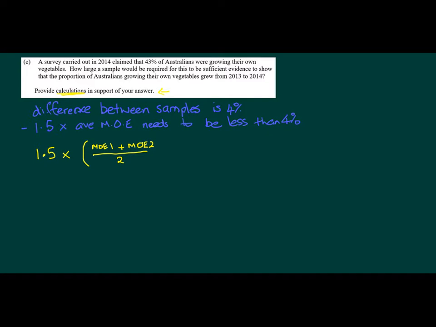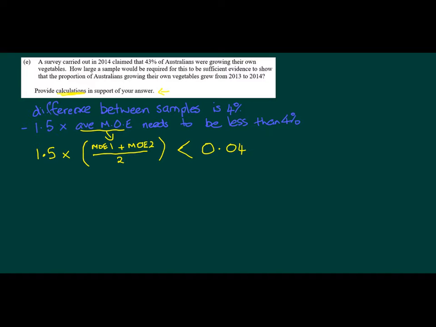So the average MOE is calculated by adding the two MOEs together and then dividing by 2. And that has to be less than 4%, or in this case, 0.04.